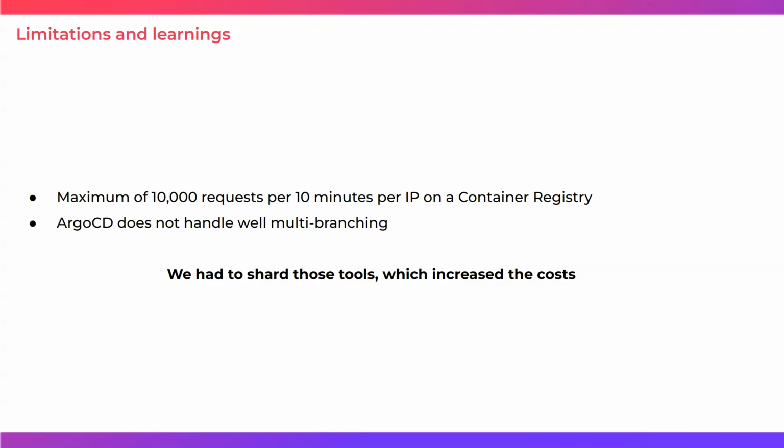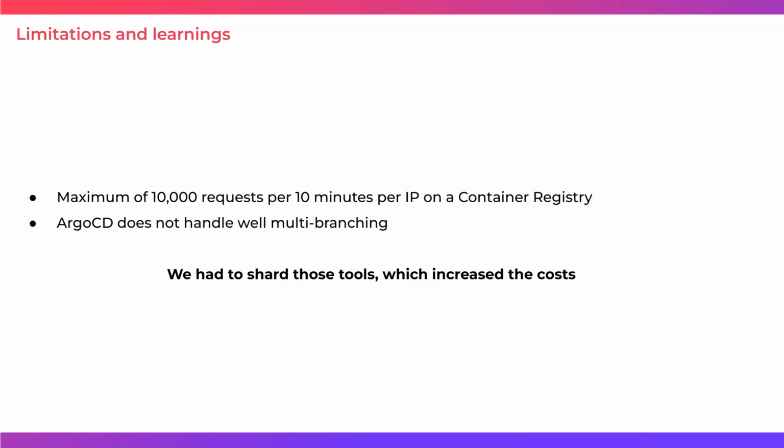Why? Because actually the life cycle of Image Updater is a bit more complicated than what I showed earlier, and it does not do only one request per application to the container registry. It does something like three or four.